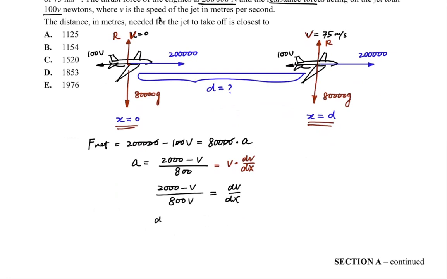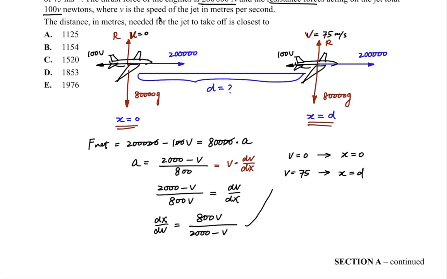Flip that around, you get dx/dv equals 800v over (2,000 take away v). You have two sets of conditions. v equals 0 corresponds to x equals 0. v equals 75 corresponds to x equals d.